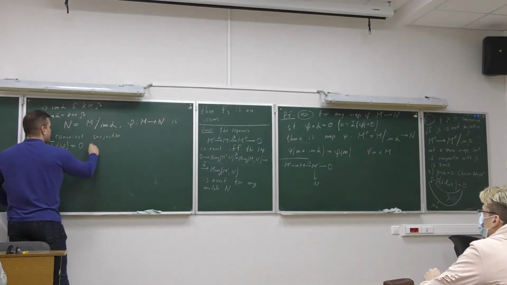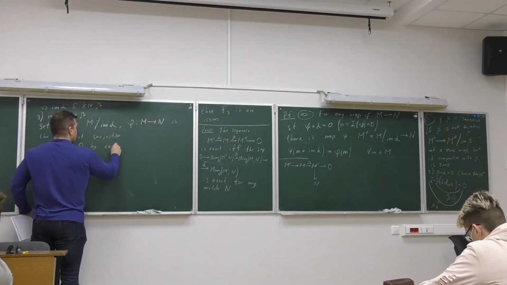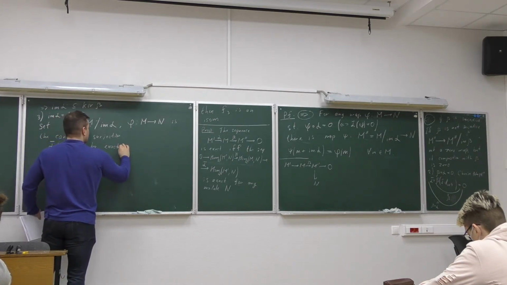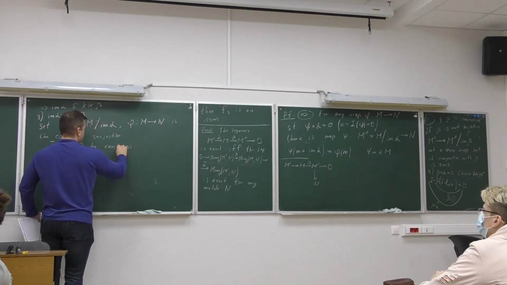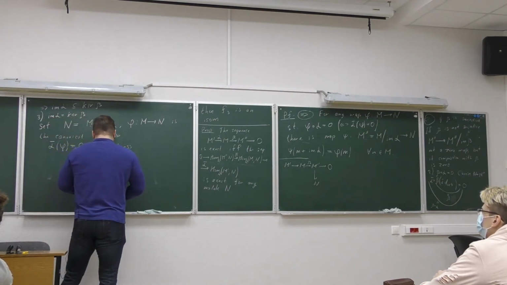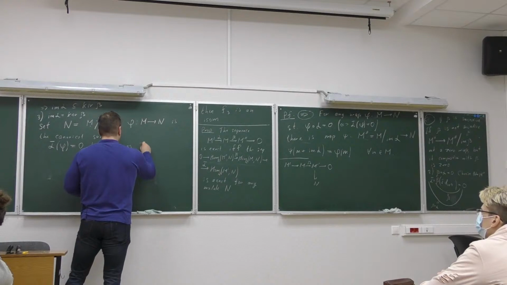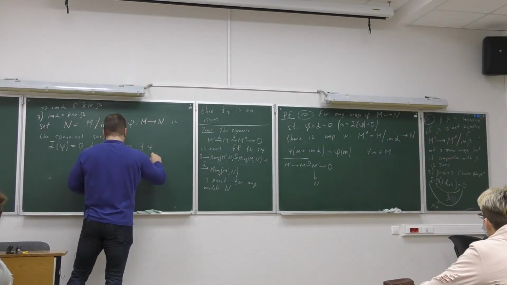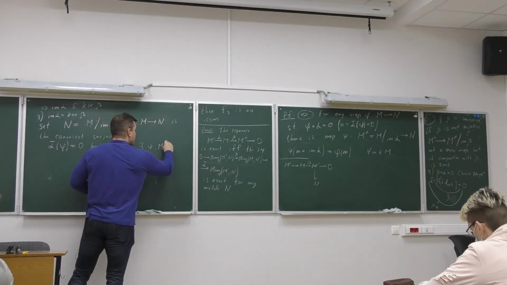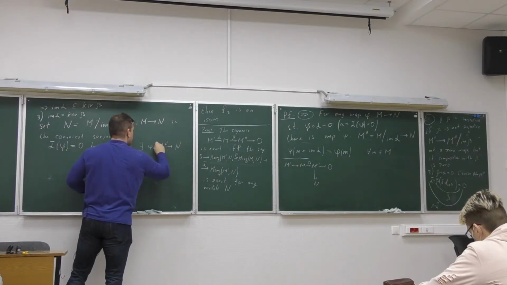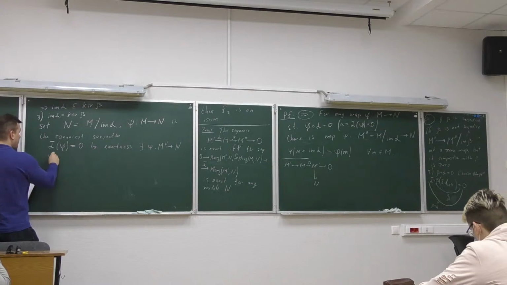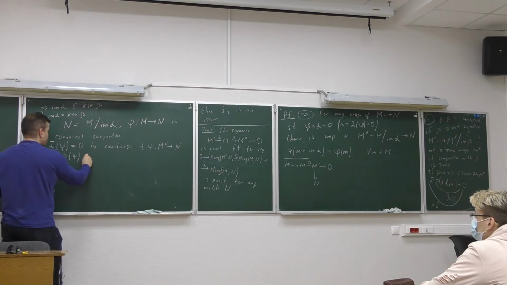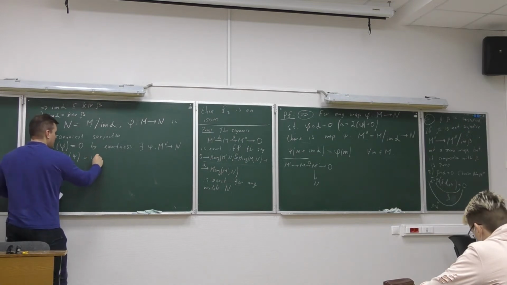So by exactness, there is another map psi from M double prime to N, such that phi is equal to beta bar applied to psi, but I can as well write this as the composition of psi and beta.